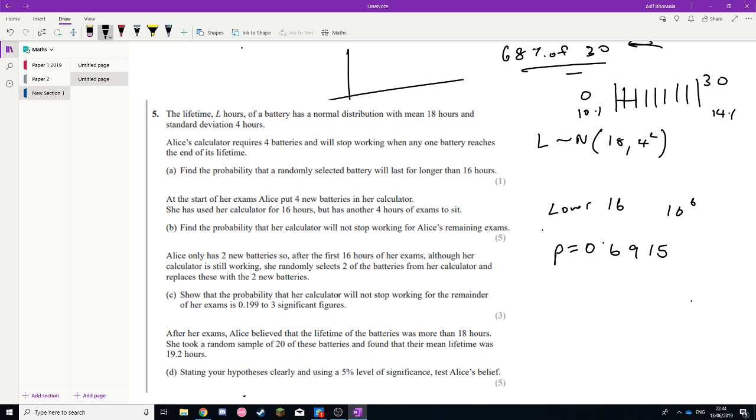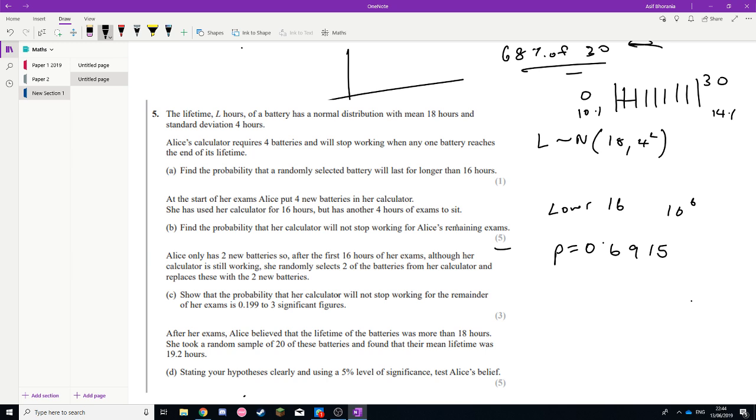Find the probability that her calculator will not stop working for Alice's remaining exams. It's 5 marks, so it can't be short. This is a probability that a calculator would last for longer than 16 hours, and this is a randomly selected battery.